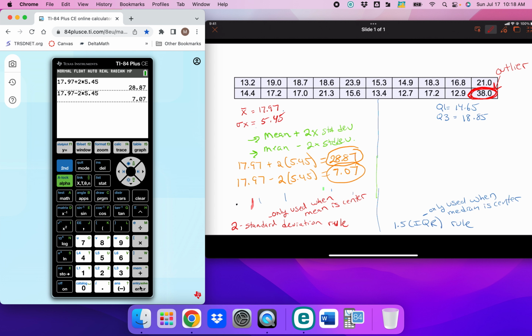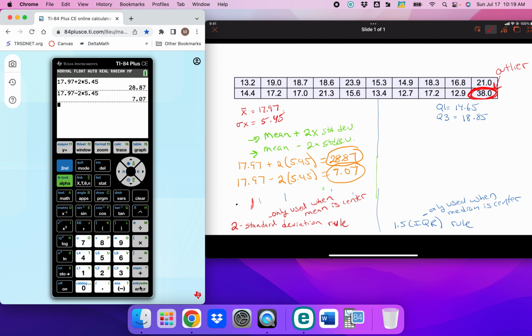I'm going to talk about z-scores in a second because that becomes important also. But basically anything more than 2 standard deviations away from the mean is an outlier. So this 38 is an outlier.